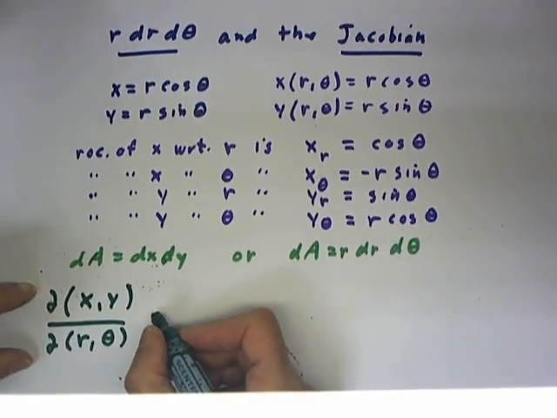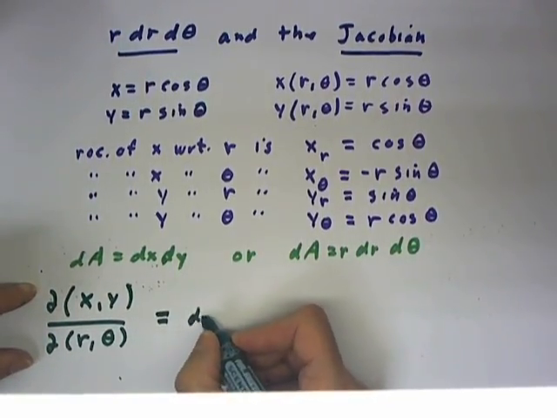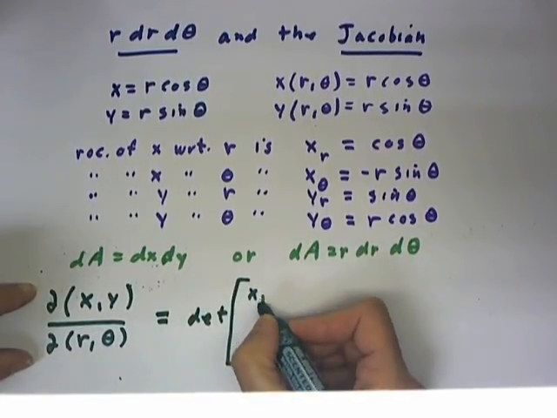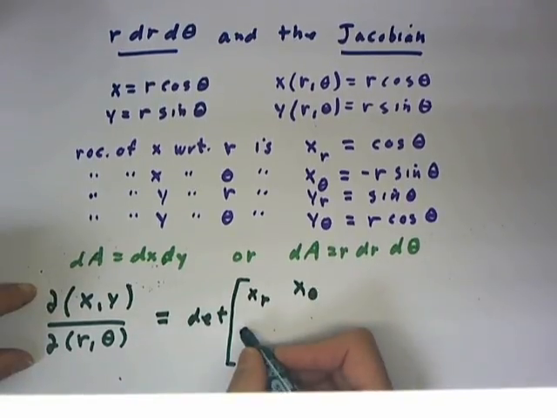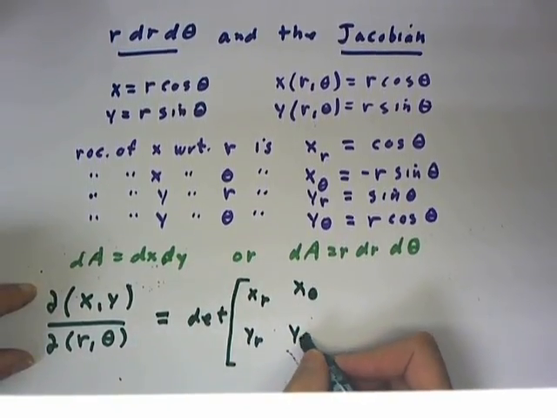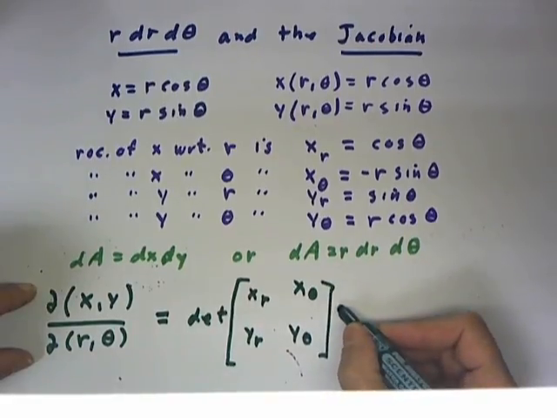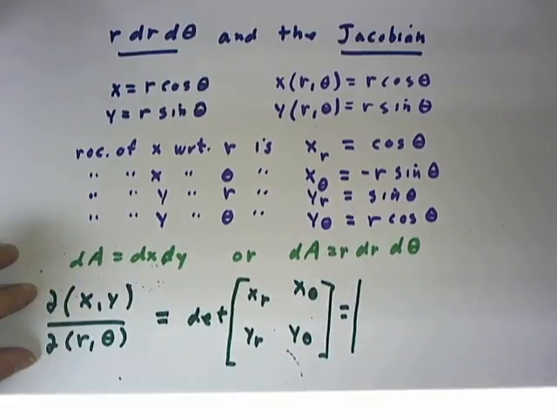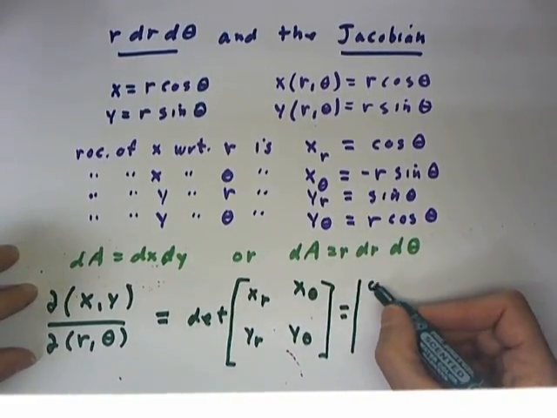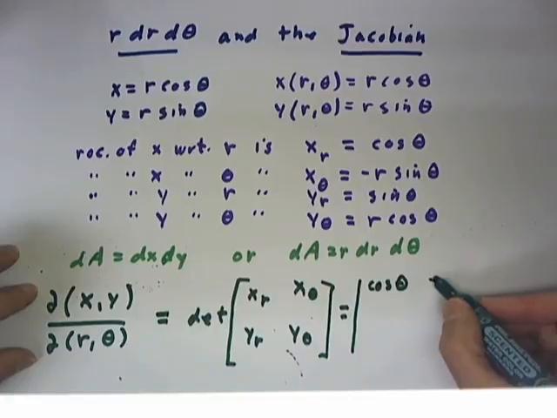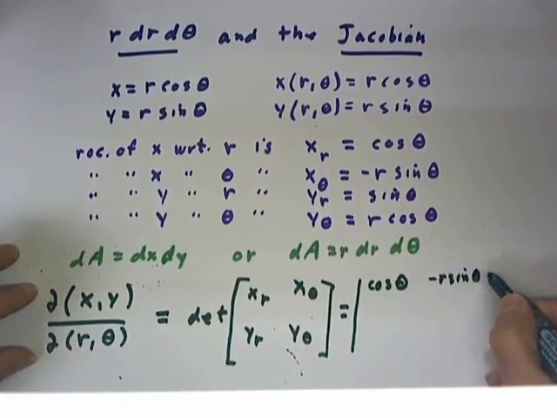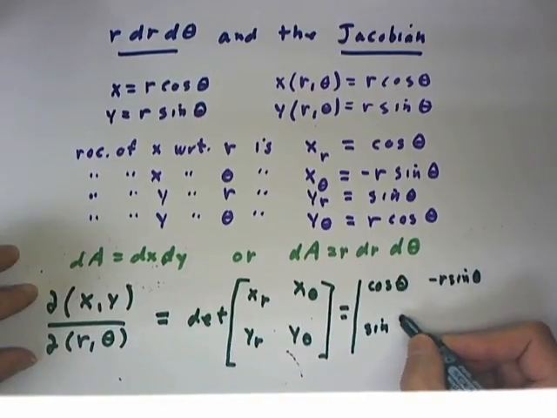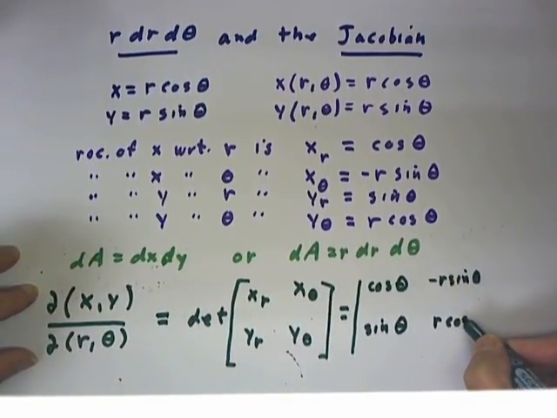And the definition of this thing is nothing but the determinant of the matrix x sub r, x sub theta, y sub r, y sub theta. Now, writing that down in determinant notation, that's just the determinant cosine theta, negative r sine theta, sine theta, r cosine theta.